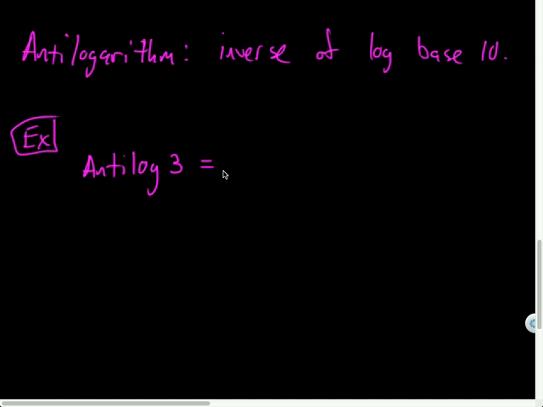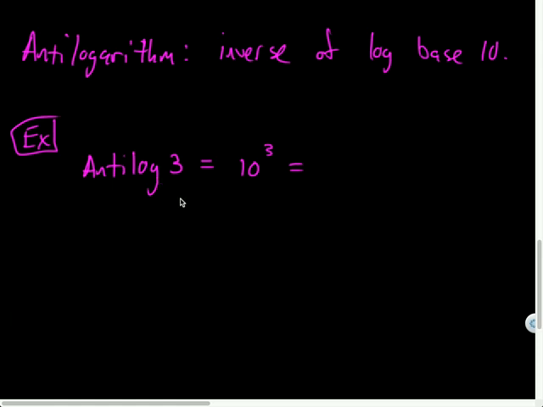An exponential function. Logs were inverses of exponentials, so the inverse of a log is just the exponential. It's kind of like the enemy of my enemy is my friend situation. Antilog is implying that this is base 10.